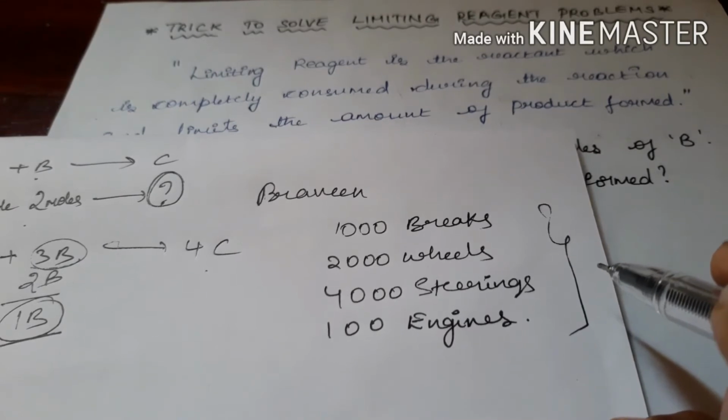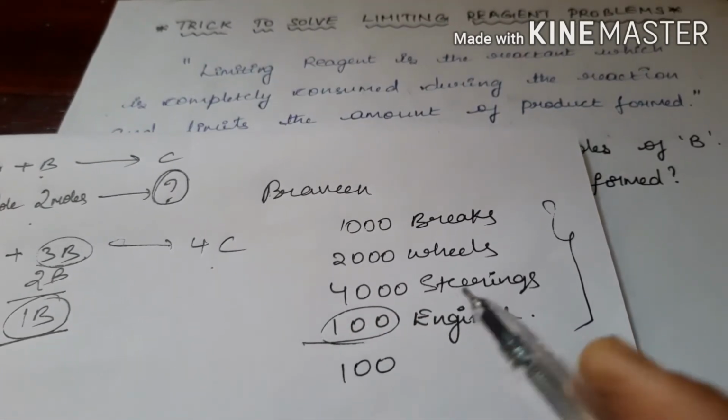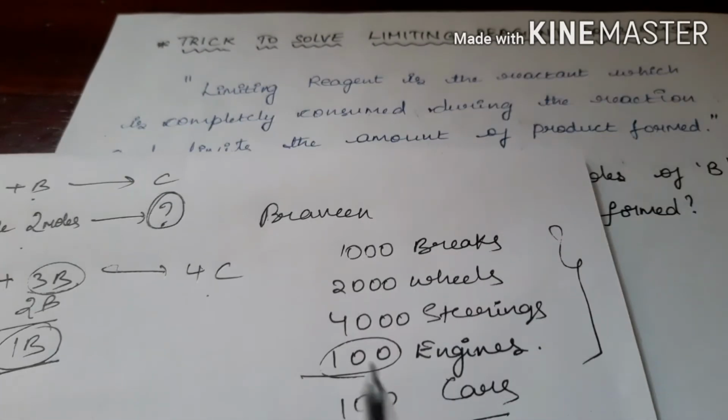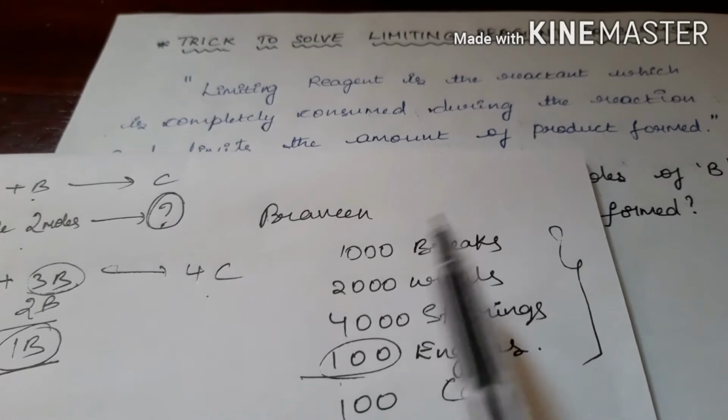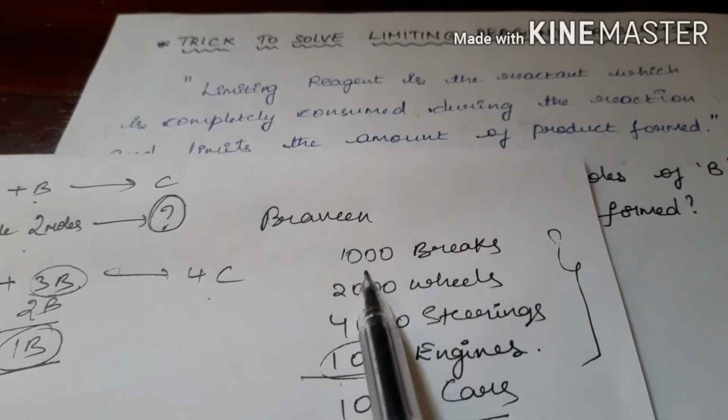How many cars can Praveen produce during a day? Yes, 100 cars, by using these 100 engines, 4000 steerings, 2000 wheels and 1000 brakes.